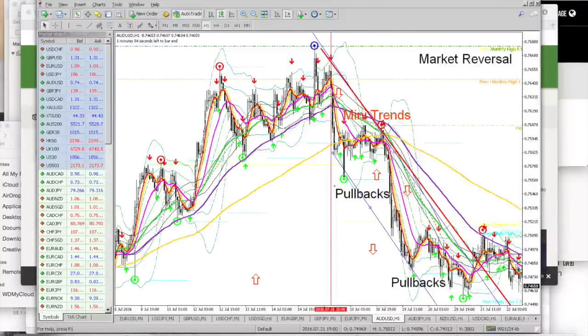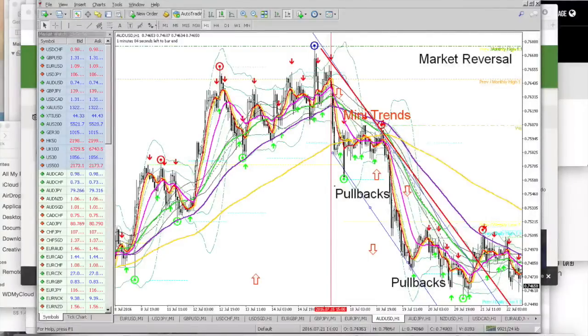So what does that mean? It does not necessarily mean that just because this point is outside of this line, it is a breakout of the trend. No, a lot of people think that.